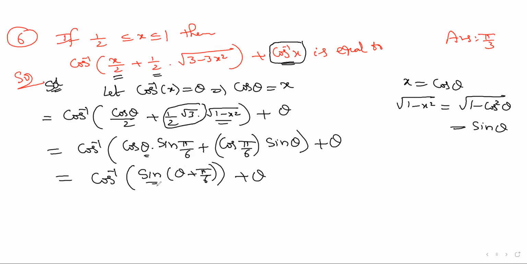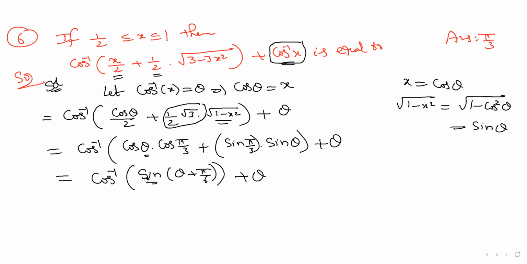Cos 90 minus theta, that is one method. In the other method, here 1 by 2 we write as cos 60 degrees. Here root 3 by 2 we write as sin pi by 3, sin 60 value.